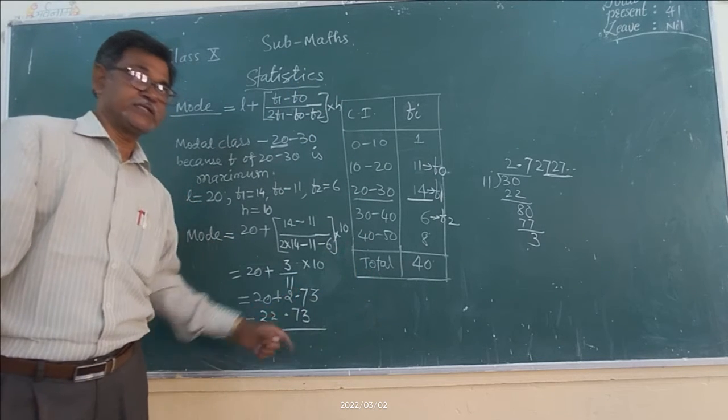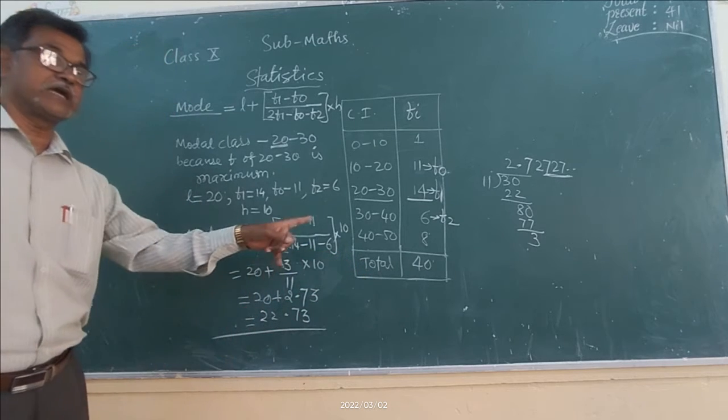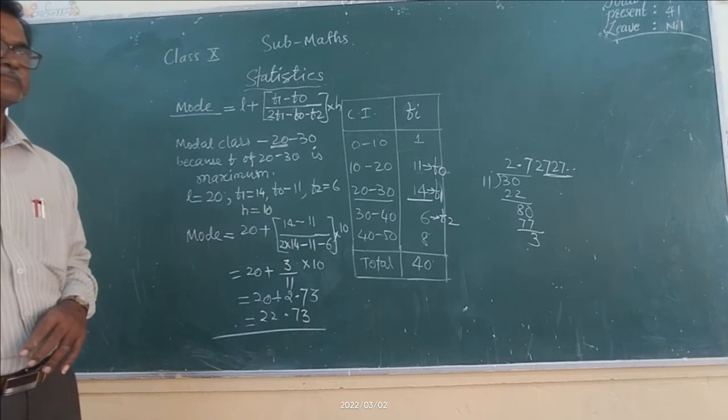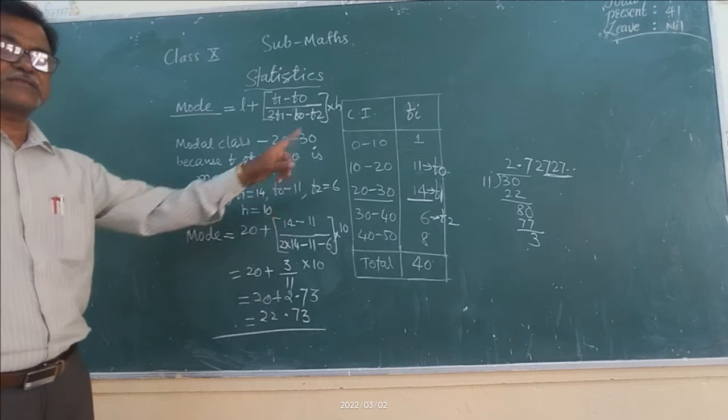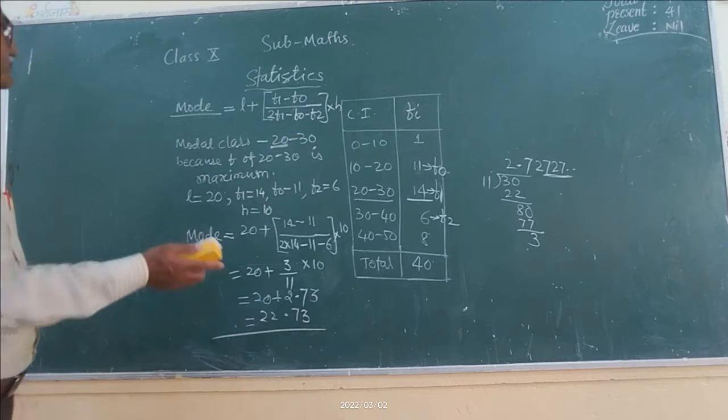Mean of the data is 27.25. Mode is different from that. It doesn't matter. Any doubt in this case? Then median.